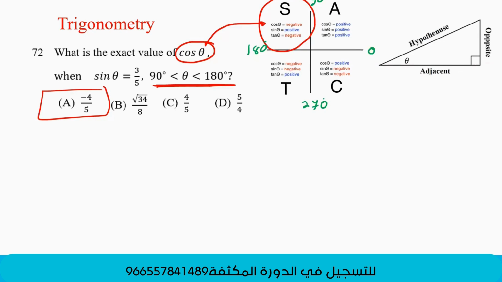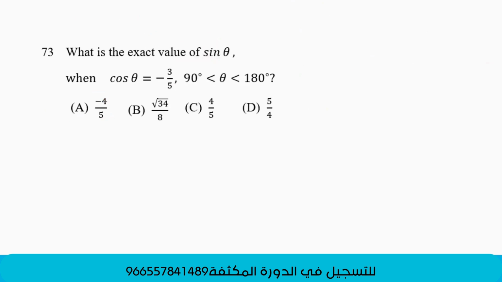Let me go and do another one. Then I'll come back to tell you how to solve this one, like with details, with calculation. So here we go. What's the exact value of sine when cosine is negative 3 over 5 in the second quadrant? No, pay attention.